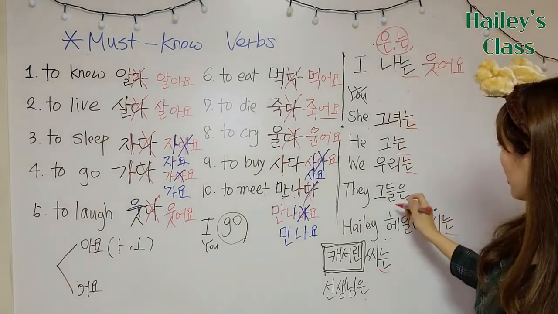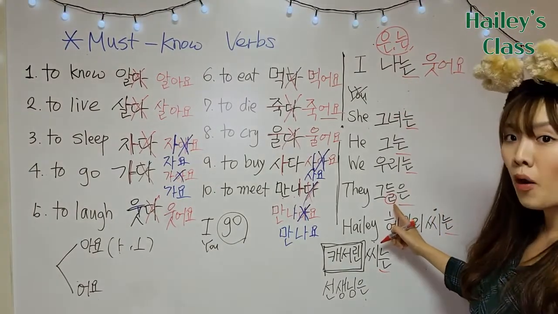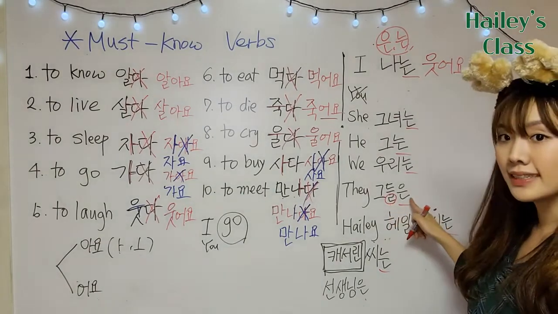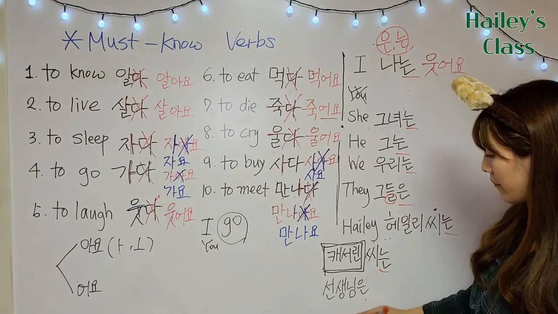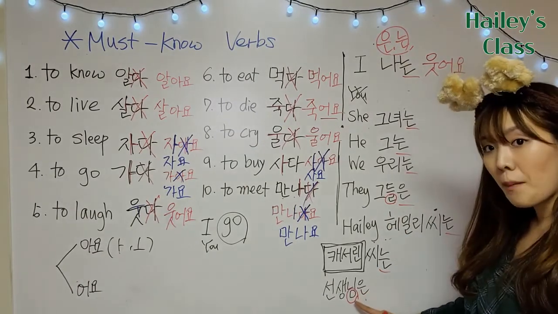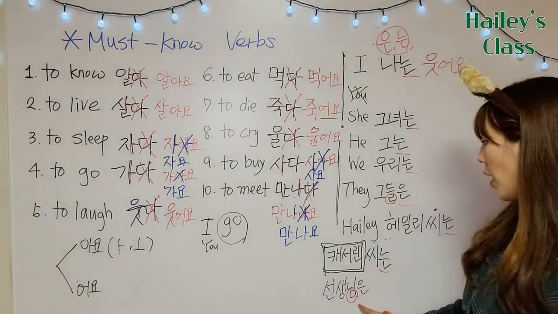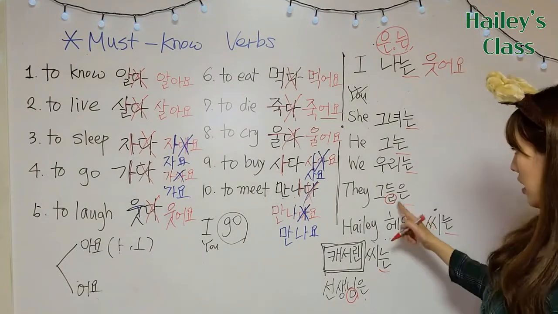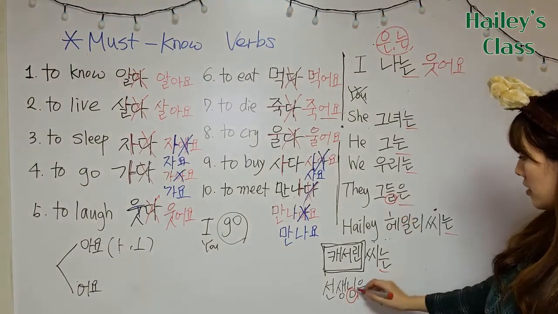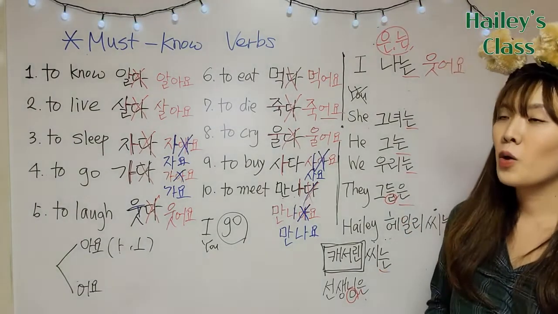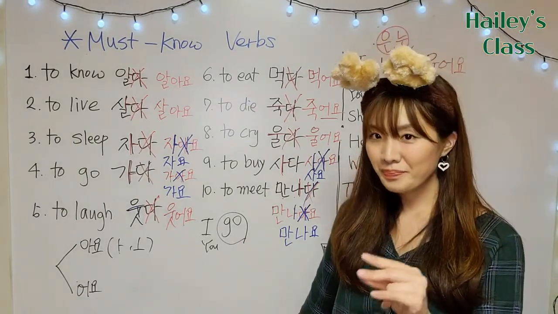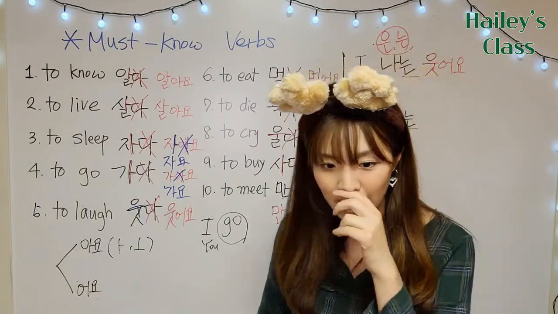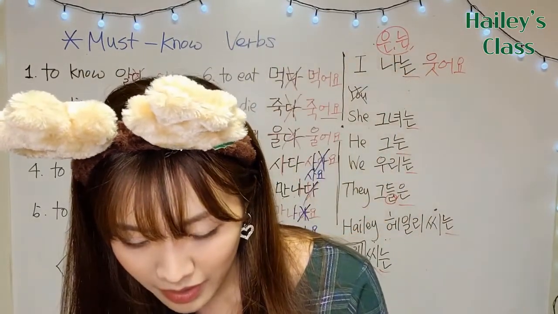But if there is something in the last part, then it has to be 은, okay? So in 선생님, there is something in the last part, right? So you have to choose 은, like this. There's something. Okay? So you know everything in here, and you got this, right? 선생님은 웃어요.